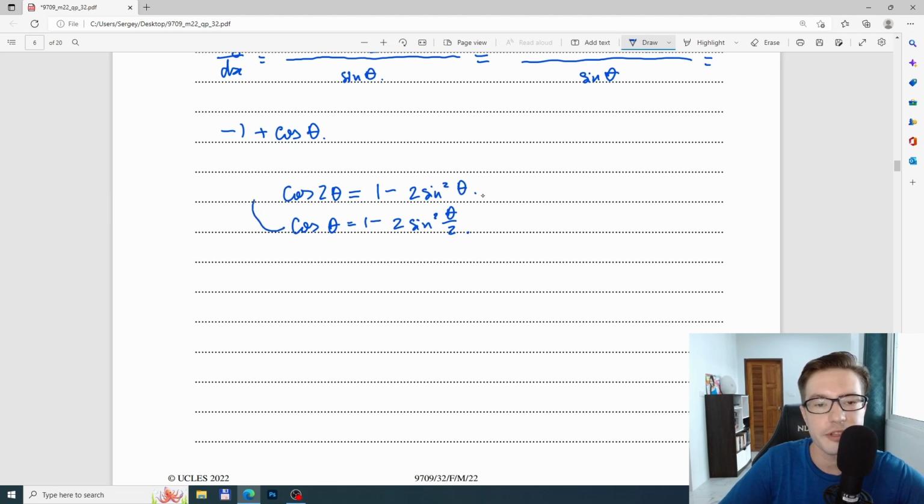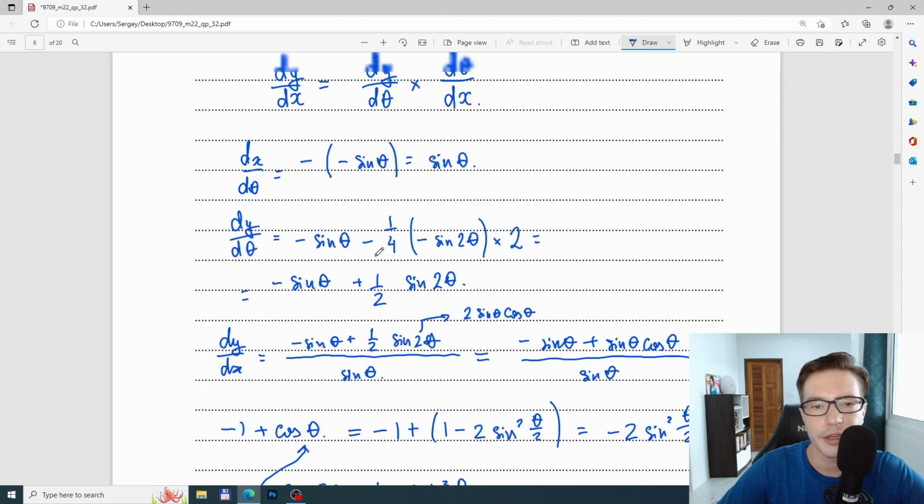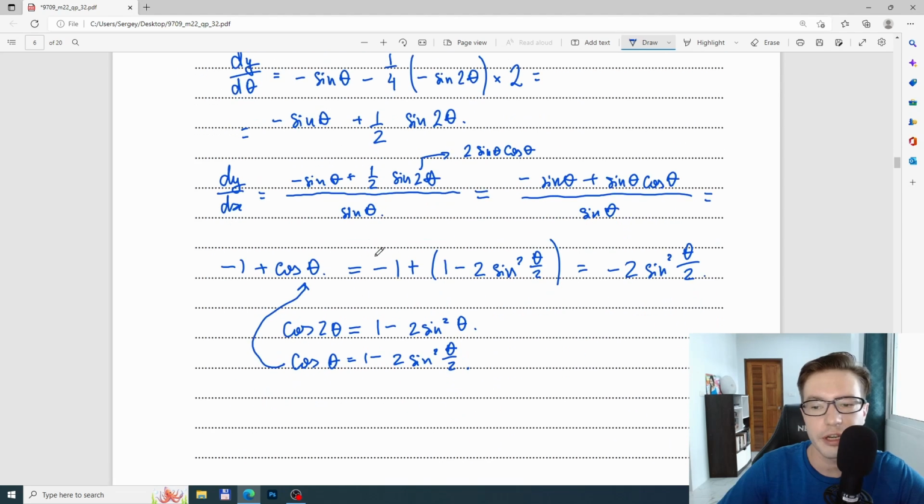And I will replace cosine theta with 1 minus 2 sine squared. So I'll get minus 1 plus 1 minus 2 sine squared theta over 2. And now all in all, I've got minus 1 plus 1, which is 0. So we've got minus 2 sine squared theta over 2. And that's exactly what they were asking us to get.